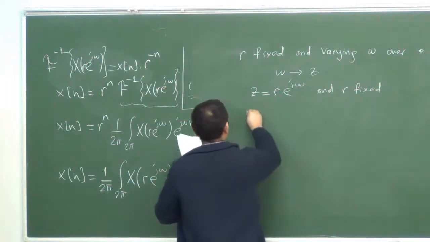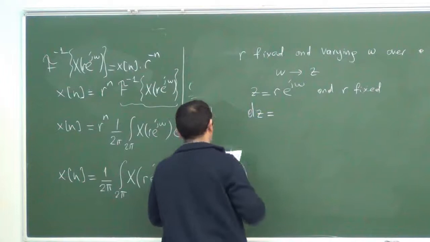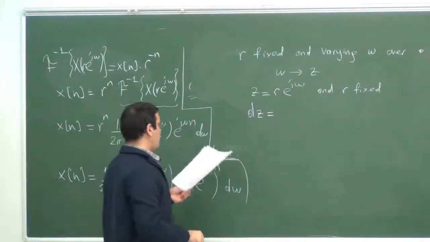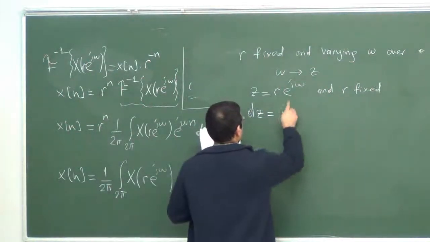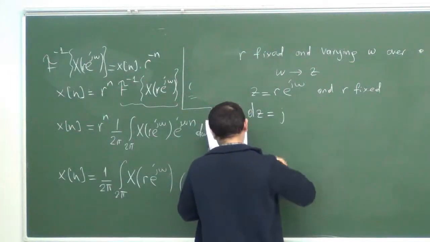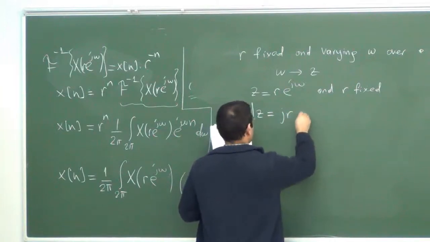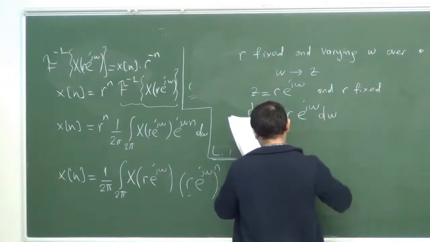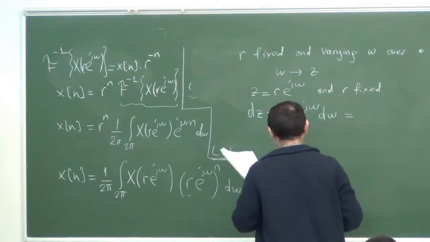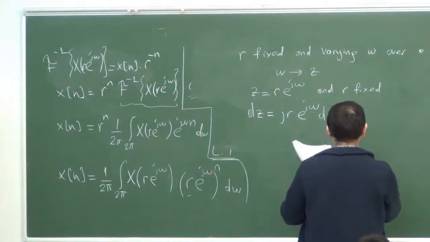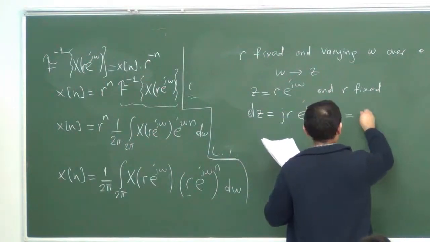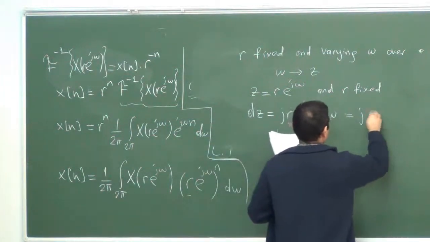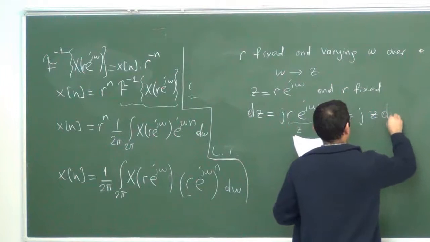What about dz? In the integral, you're going to find d omega in order to change the variable. So it is j times, taking the derivative of the right side, r e to the j omega d omega. Since this is z, dz is j times z times d omega.